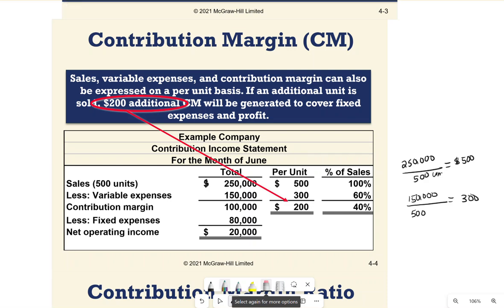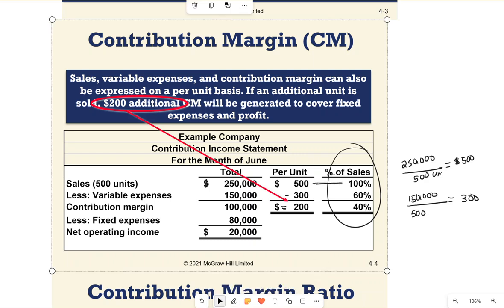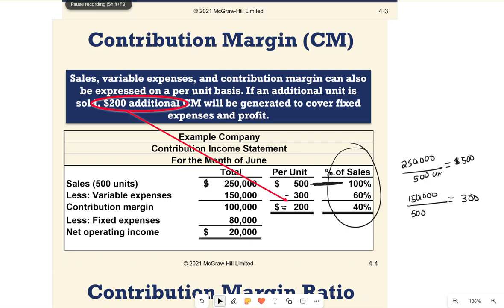Again, your sale price minus your variable cost is equal to your contribution margin. And then when we talk about a ratio, it's your percentage of sales. Sales are always 100%. So you have to find out what percent is my variable expense and what percent is my contribution margin.